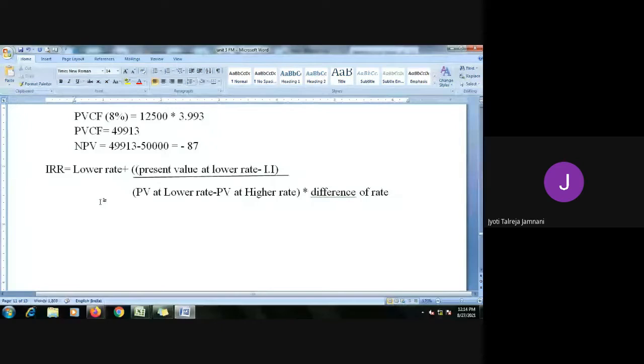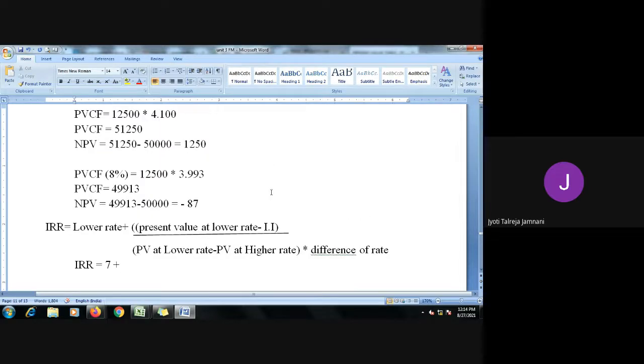IRR is equal to the lower rate, which is 7%, plus the present value at lower rate, 51,250, minus the initial investment 50,000, divided by the present value at lower rate, 51,250, minus the present value at higher rate, which is 49,913.